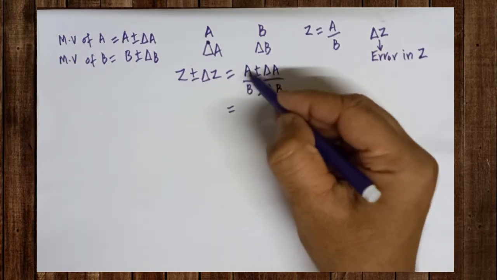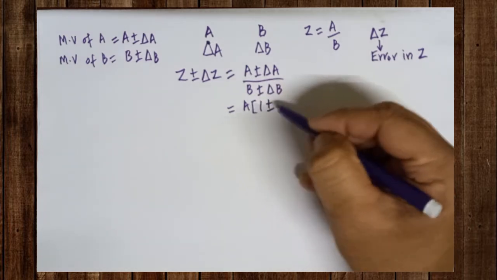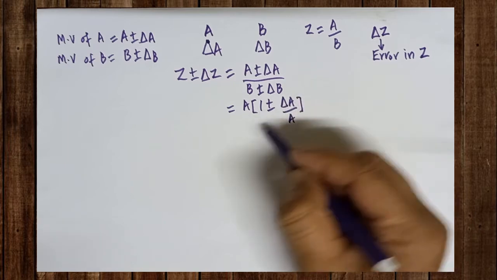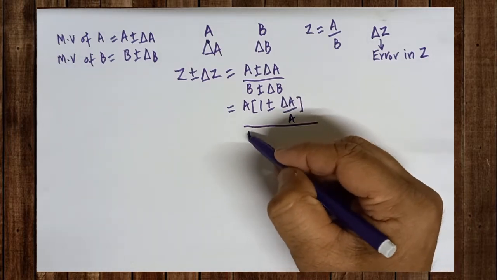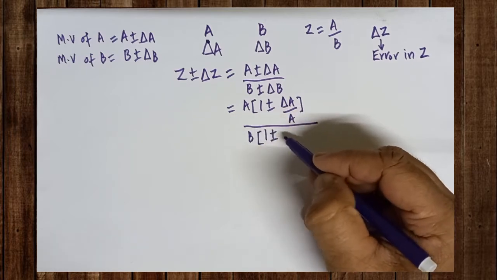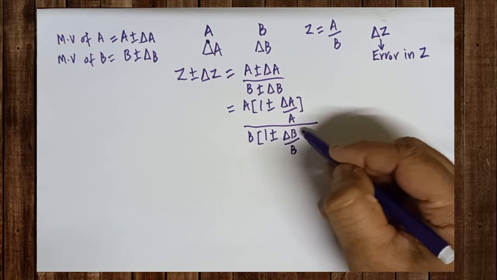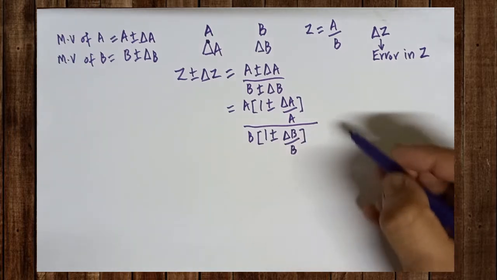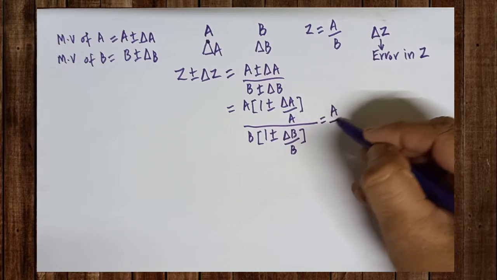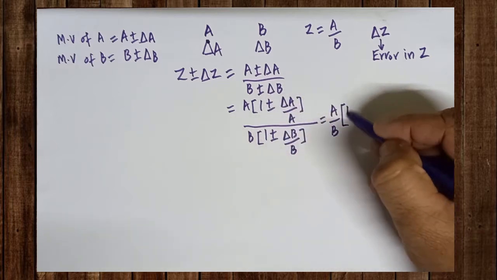The next step, you bring this A out: A times 1 plus or minus del A divided by A, whole divided by B times 1 plus or minus del B divided by B. Understood? The next step, A divided by B can be written, and this factor, 1 plus or minus del A divided by A, can be written as it is.